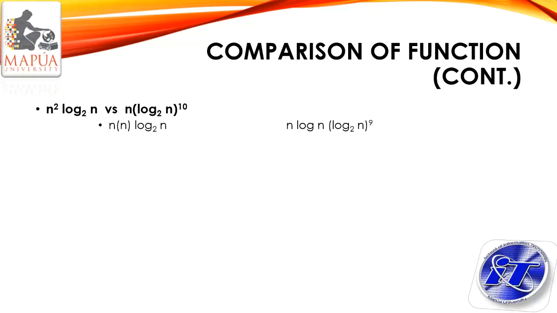So we just left 9 as an exponent of this. And then as you can see, we have a common term, n log n. So we could remove it, and the thing that will be left on the first equation will be n. Here it will be log n raised to 9.